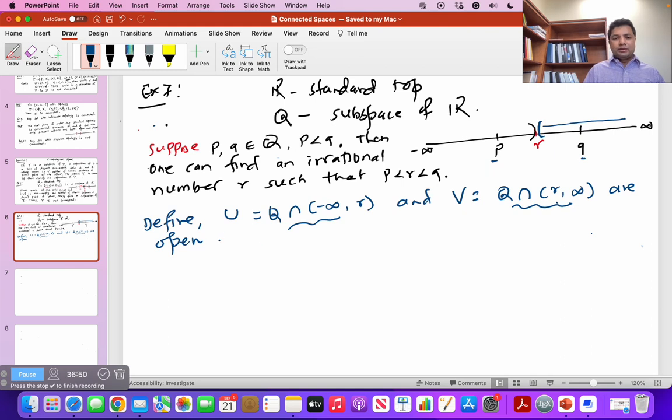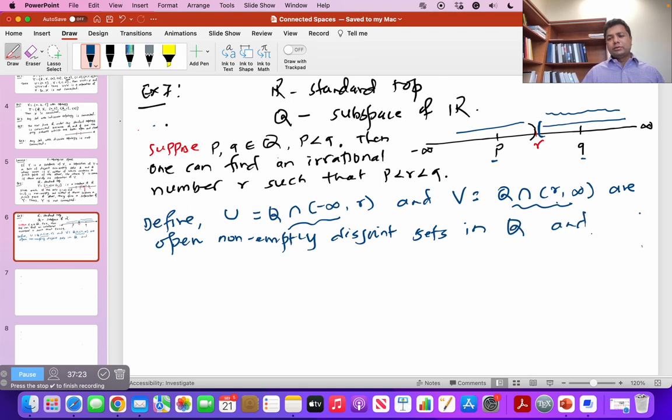These are open, non-empty, and obviously disjoint, because the first one is all the rational numbers on this side, and the second one, B, is the set of all rational numbers on the other side. So they are open, non-empty, disjoint sets in Q under the subspace topology.